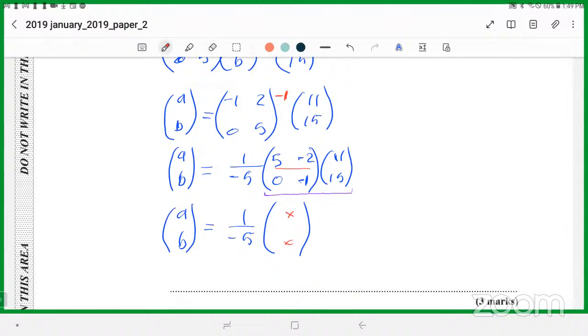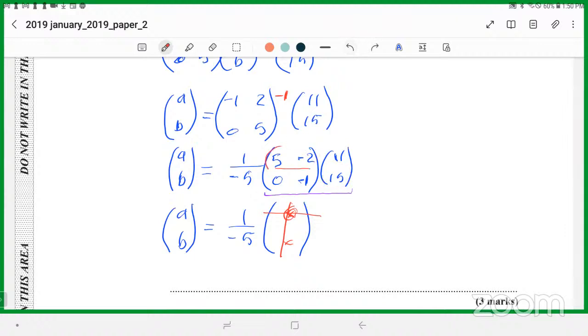How you do it again? This first value that we want is in the first row and the 1 column. So to get it, you multiply this first row by this 1 column. To multiply a matrix, multiply the first element in the row by the first element in the column, second element in the row by the second element in the column. First times first, second times second.